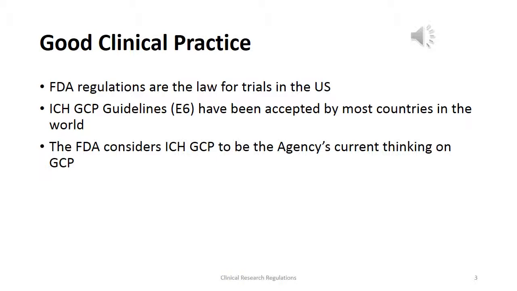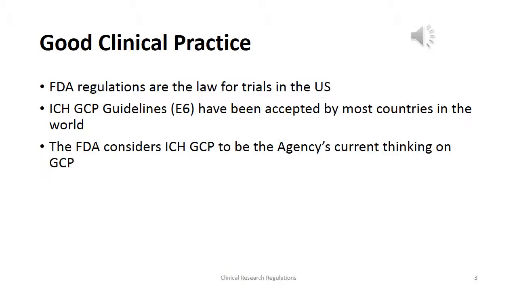So, for instance, in the FDA Good Clinical Practice Guidelines, Section 21 of the Code of Federal Regulations that governs drugs, there are basically several parts that we want to pay attention to with regard to clinical trials. So, for example, 21 CFR Part 11 discusses electronic records and electronic signatures and some of the requirements associated with that.